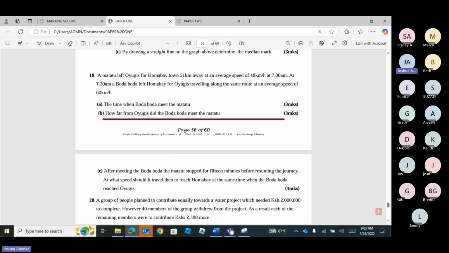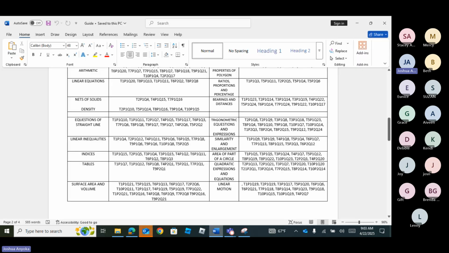It is the same thing like the ones that we have been working out. I don't think we have another one. Trial 9, question 18.